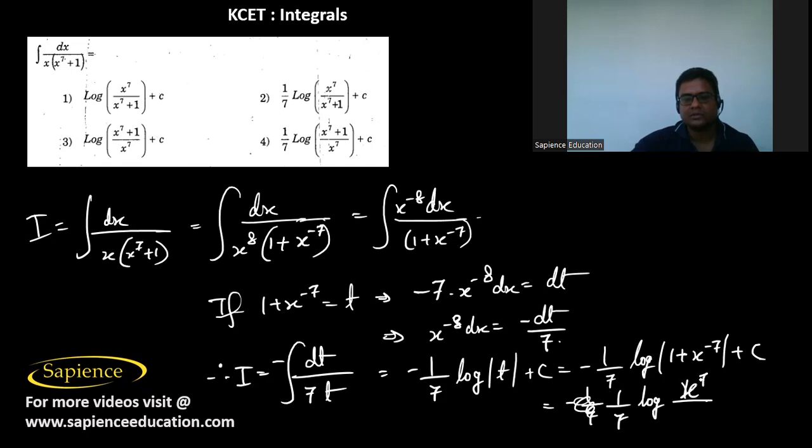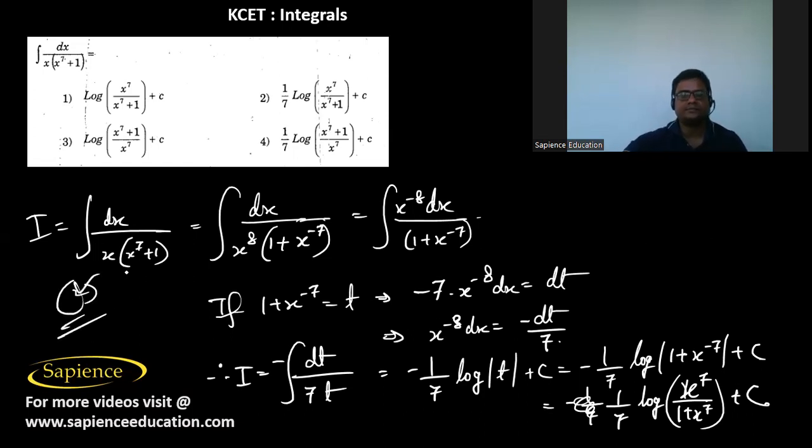So I can write x power 7 by 1 plus x power 7 plus c. Okay. So option 2 is the correct answer.